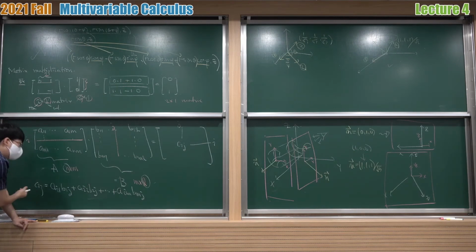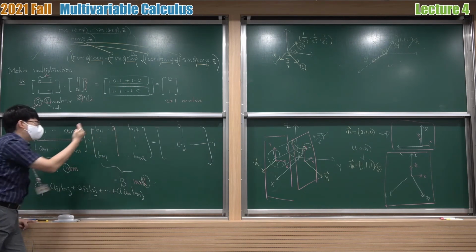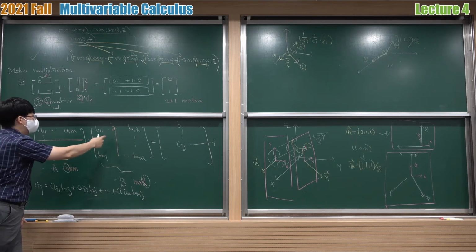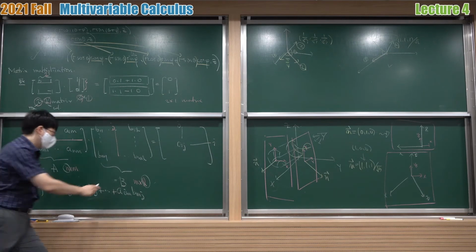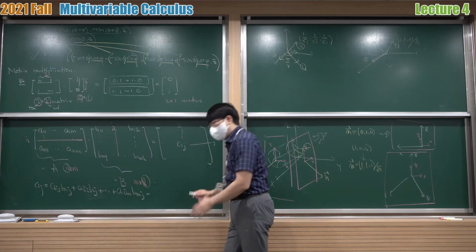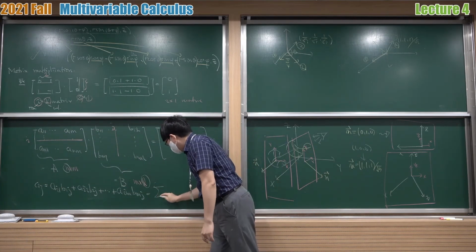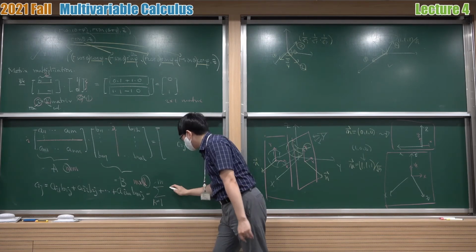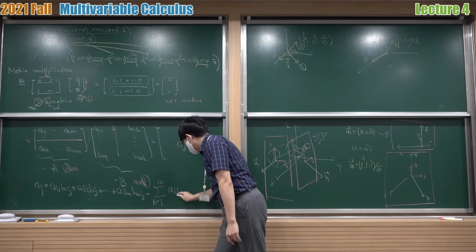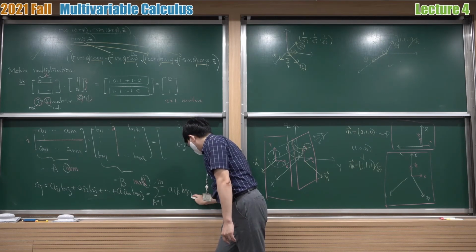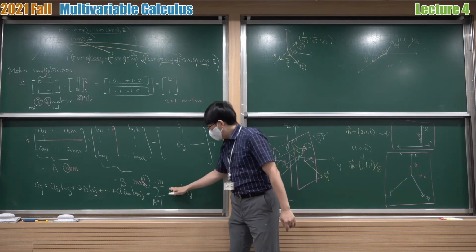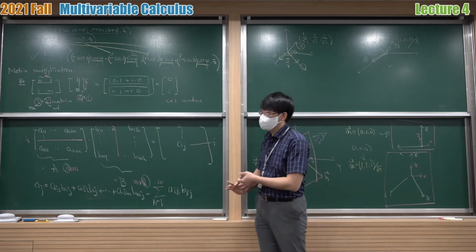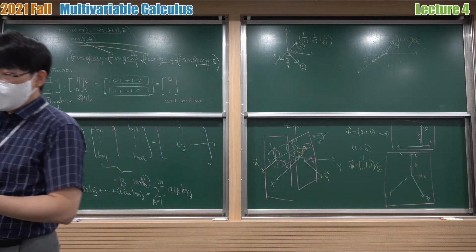So this is your Cij for i from 1 to n and j from 1 to L. In summation notation, you can write this as the sum over k from 1 to m of aik times bkj. So this is the definition of matrix multiplication.